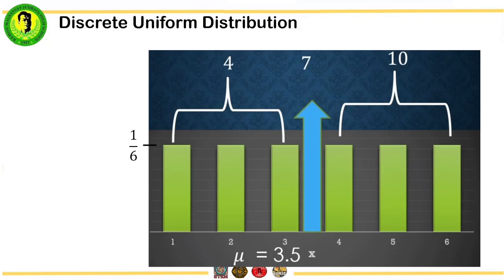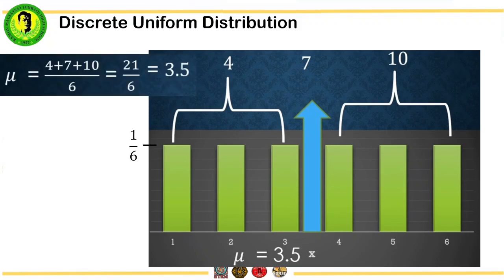You will create a bar graph 1, 2, 3, 4, 5, 6. That is your expected outcome. Those are the sides of the die, and 1 over 6 is the probability. So all of them have a uniform distribution.